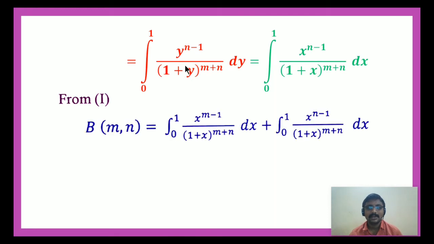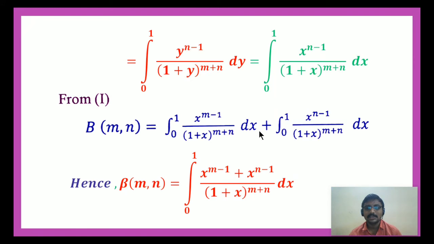So from equation 1, we will have beta of m, n is integral of 0 to 1 x to the power of m minus 1 by (1 plus x) whole power m plus n dx. As it is, we have written because just we have changed the second integral. The second integral value now becomes integral of 0 to 1 x power n minus 1 upon (1 plus x) whole power m plus n dx.